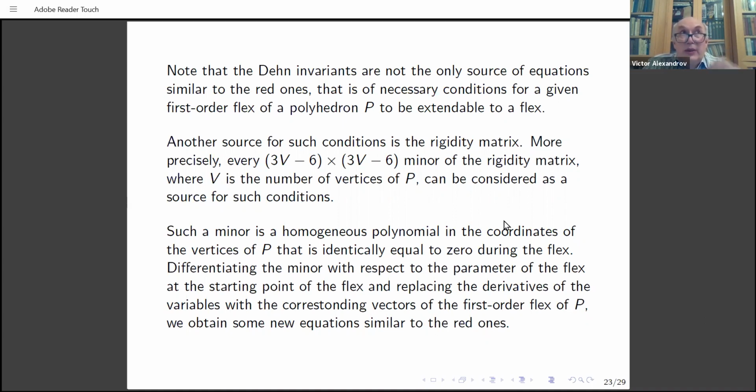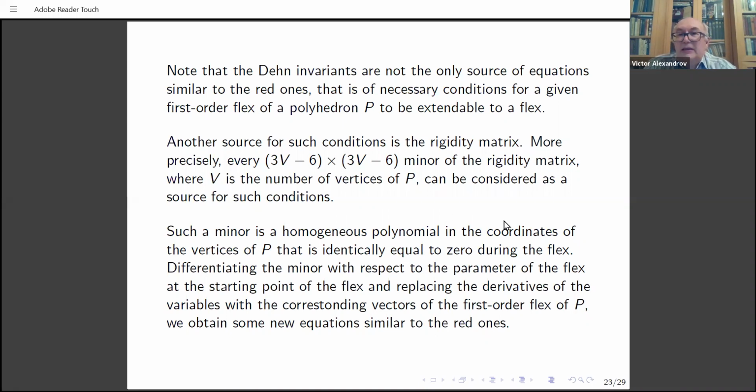There are some other equations of this sort and they are different from red equations. Another source of such equations is the rigidity matrix. More precisely, every 3v minus 6 times 3v minus 6 minor of the rigidity matrix, where v is the number of vertices of P, can be considered as a source for such equations.